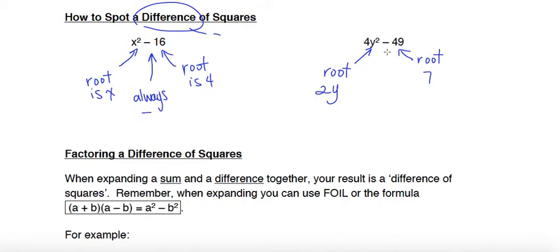So that's a perfect square, and it has a subtraction sign in between. So these are both difference of squares, so that's important to remember. The first term is a perfect square, the second term is a perfect square, and there's always a subtraction sign in the middle. So how do we factor a difference of squares?